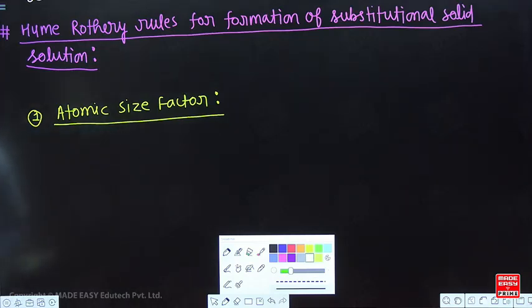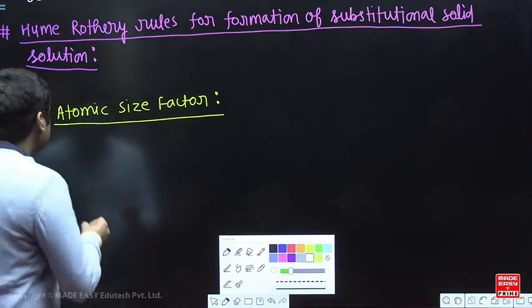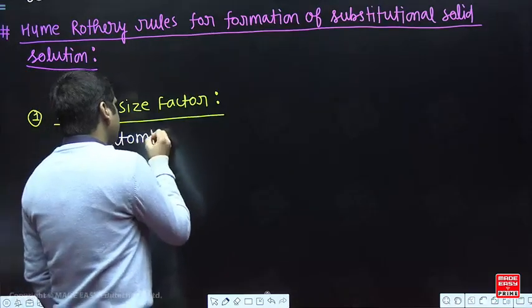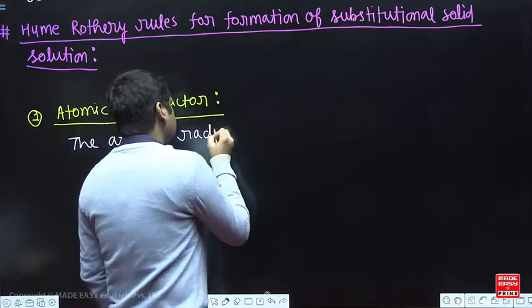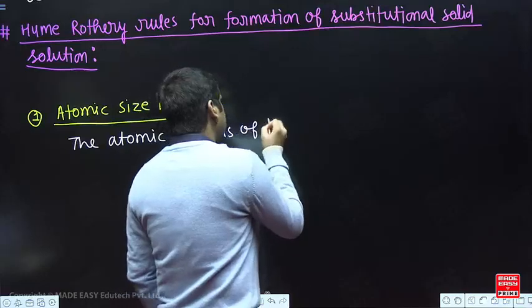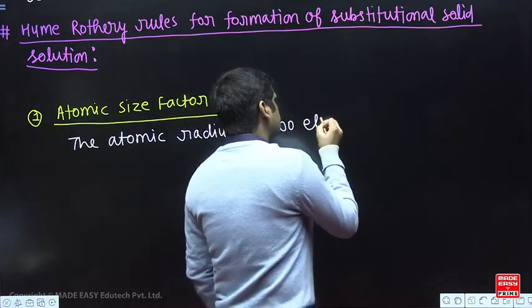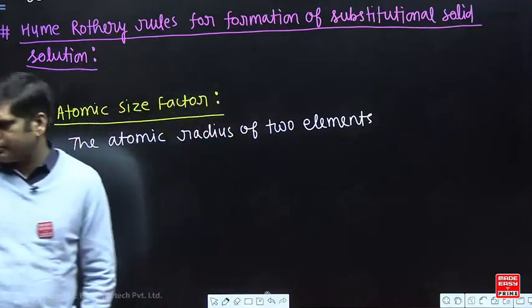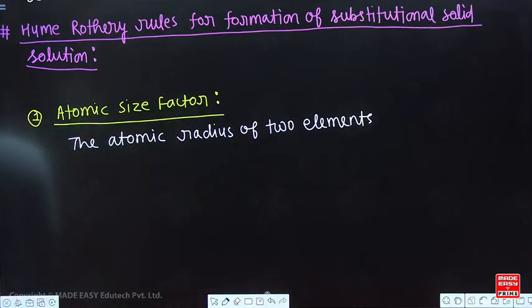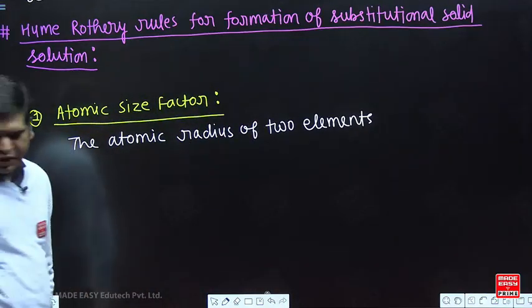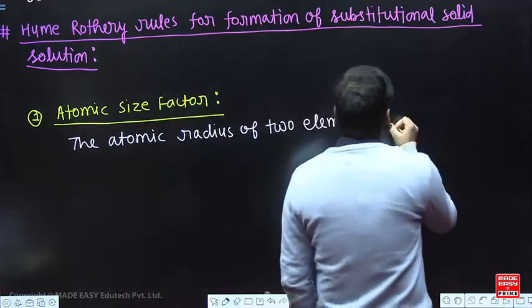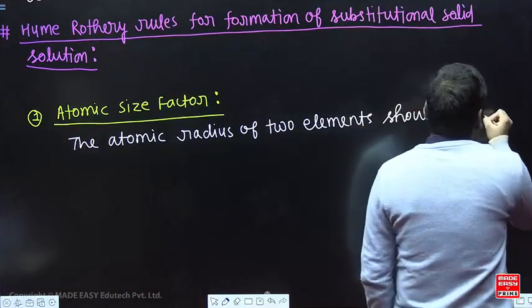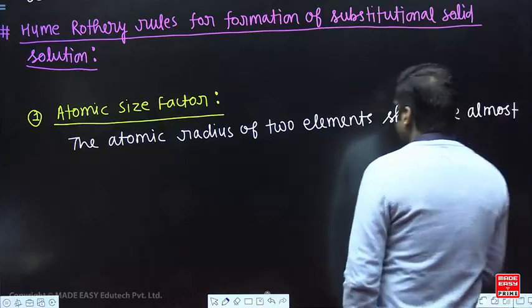The atomic radius of two elements should be almost same.